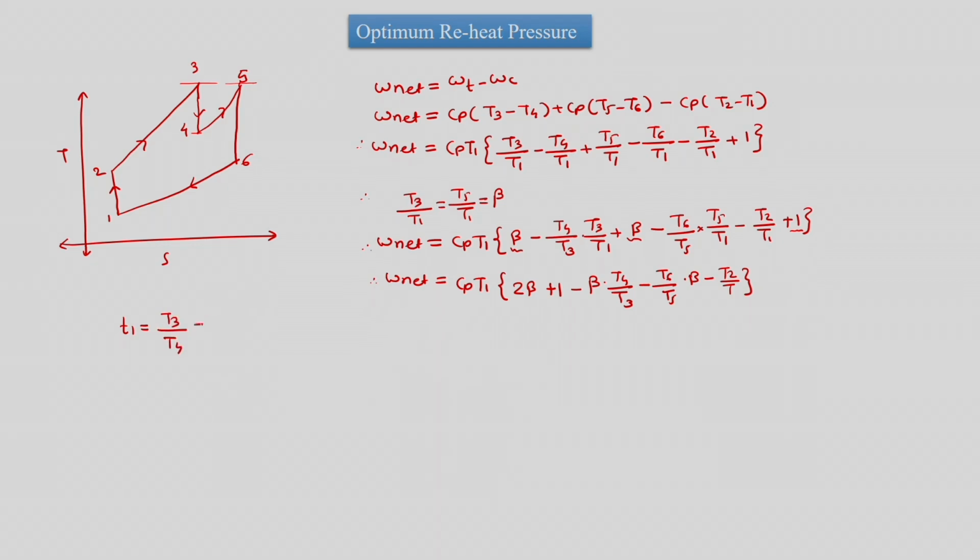Now let us state that we are assigning a new variable, T1, as the temperature ratio T3 by T4, and that practically is P3 by P4 bracket raised to gamma minus 1 upon gamma. We are assigning one more variable T2, which is T5 by T6, and that is equal to P5 by P6 bracket raised to gamma minus 1 upon gamma.